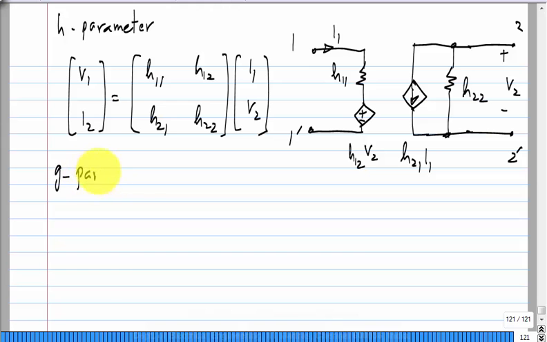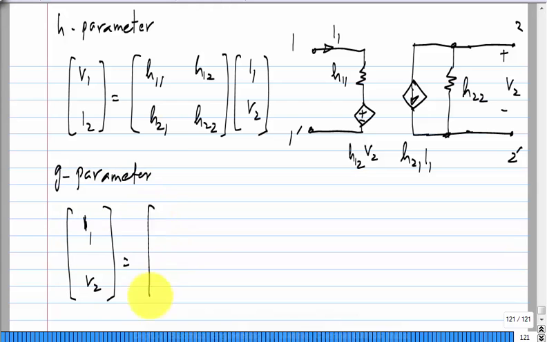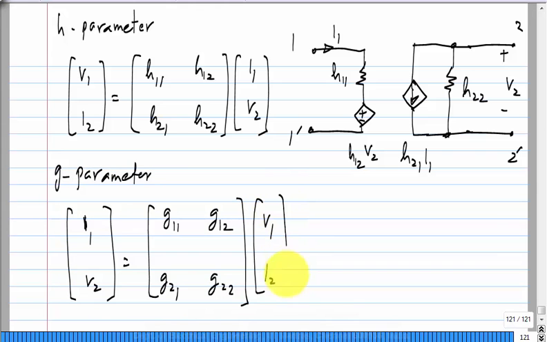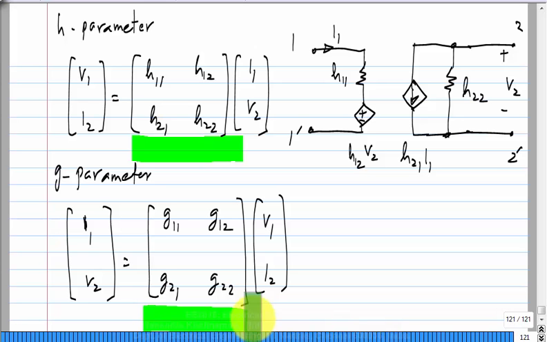And G parameter is simply the inverse of this. What is the relationship between the H parameter matrix and the G parameter matrix?